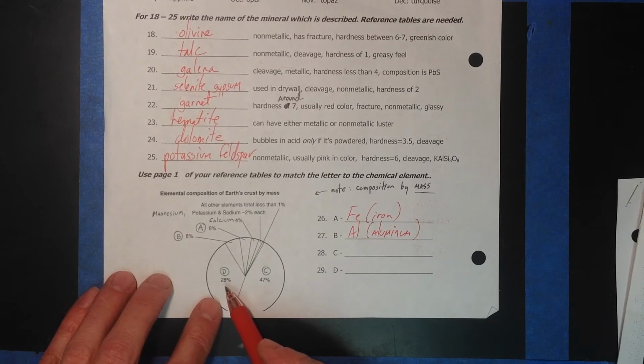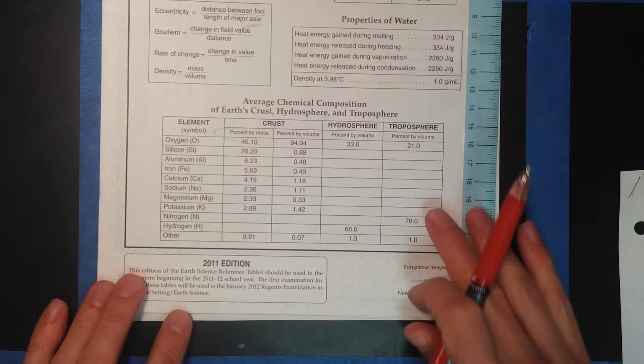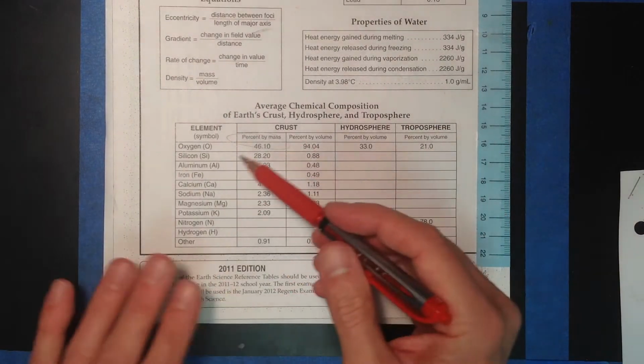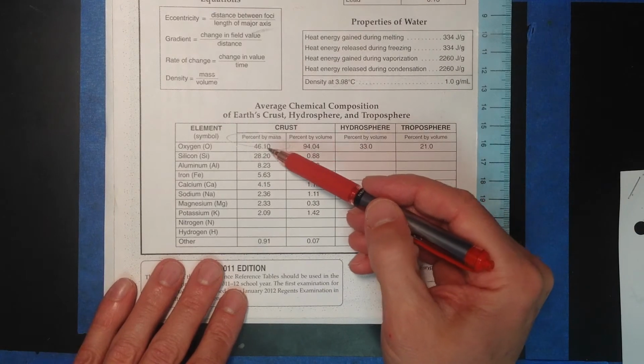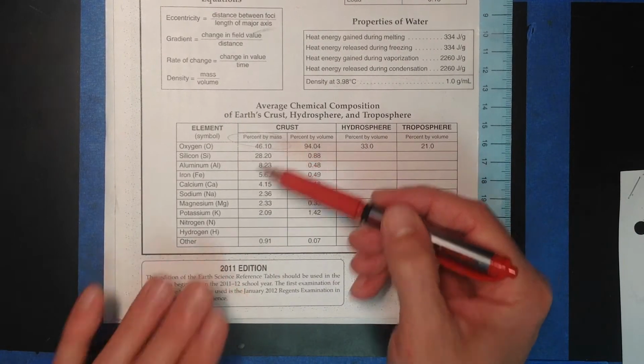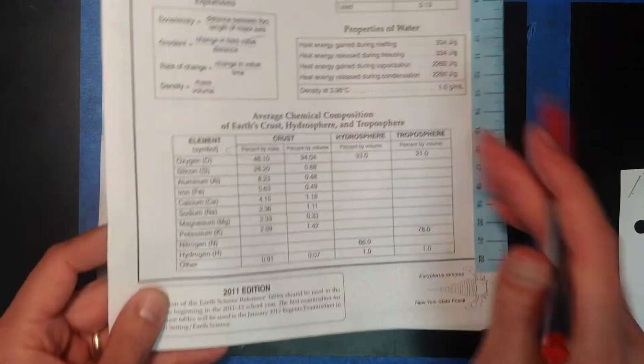C is 47%. What's 47%? I'll go back to here. This is off a little bit, but this is where a little common sense comes in. Some of these charts vary a little bit. This is 46, but that is really going to be your best answer. Hopefully you could deduce that. Use common sense. Oxygen is the best answer.